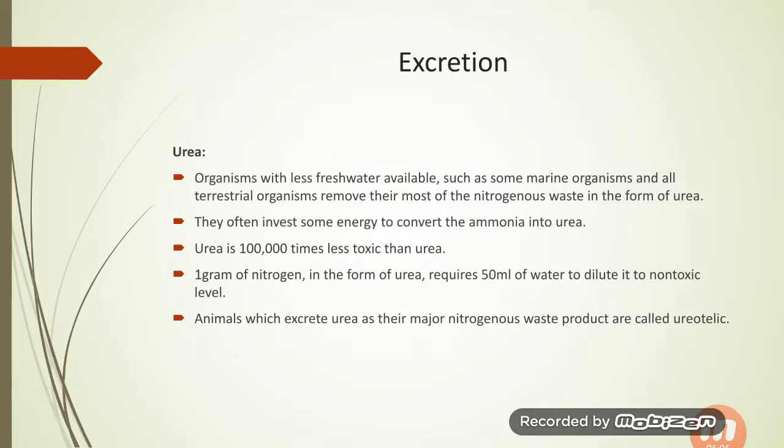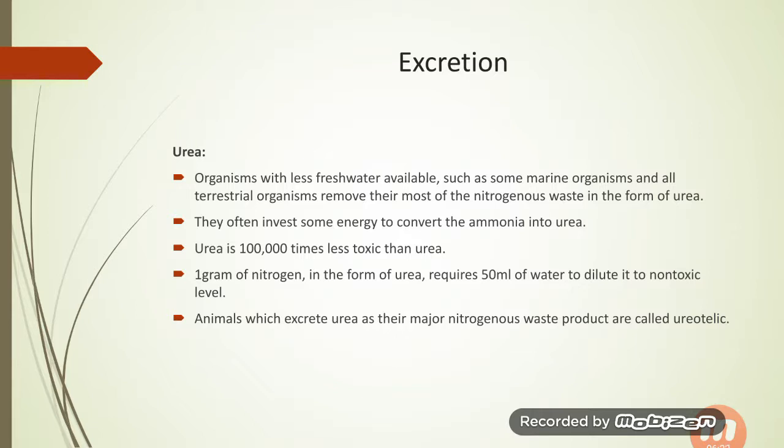And urea is 100,000 times less toxic than ammonia. So animals which excrete urea as their major nitrogenous waste product are called ureotelic.